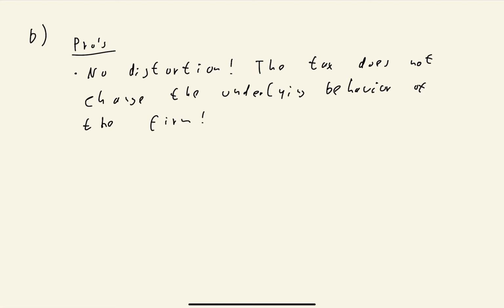Yes, so since there is no distortion happening, it means that the tax is not changing the quantity which is produced in optimum, because the tax will only be applied on the profits. So this means that the tax is efficient since there are no distortions created. That's the pro of this tax, basically.